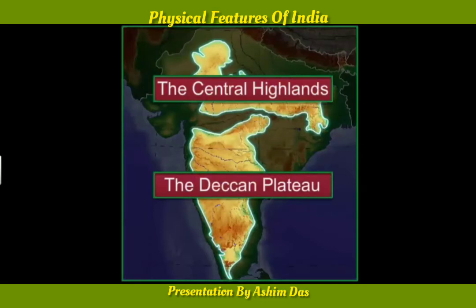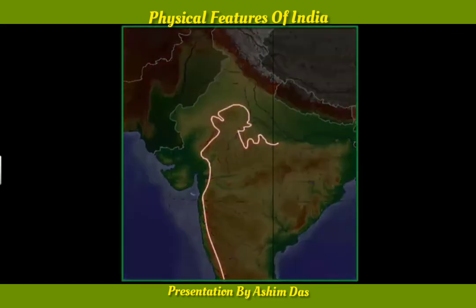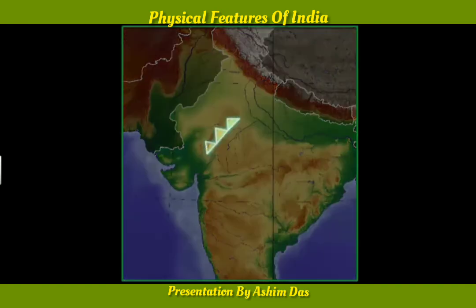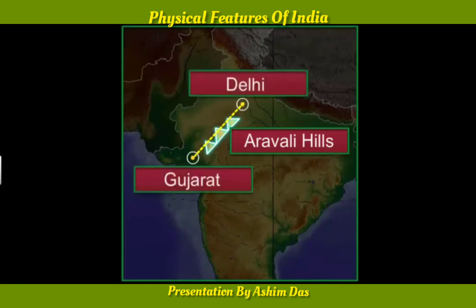On the western and northwestern margins of the plateau, you will find the Aravalli Hills, one of the oldest ranges in the world. The Aravalli Hills extend from Gujarat to Delhi in a southwest to northeast direction. This range once had extremely tall hills.